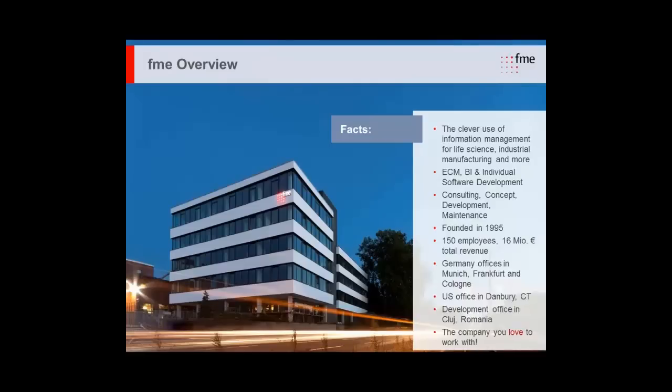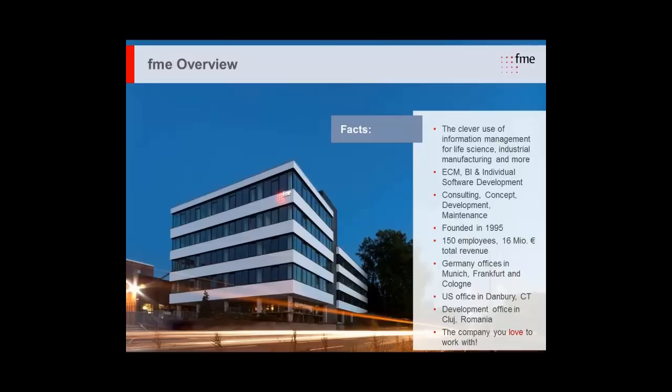So we just wanted to talk to you a little bit about FME, who we are, what we do. We're worldwide, headquartered in Braunschweig, Germany. Offices in Danbury, Connecticut, and also offices throughout Germany in Munich, Frankfurt, and Cologne. Our development office is in Romania. We focus on ECM. We partner with EMC Documentum for the entire IIG product line. So we provide consulting for EMC IIG products and also solutions.